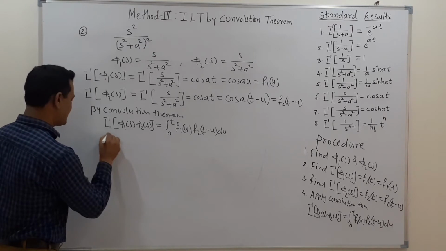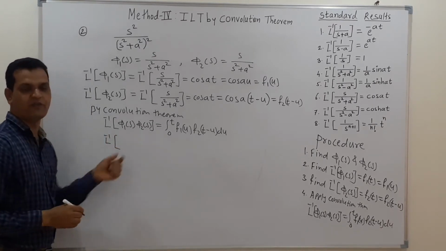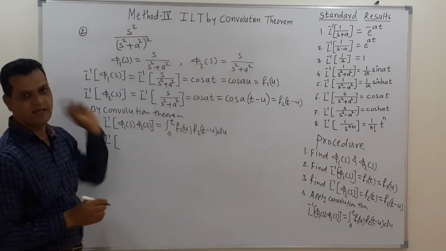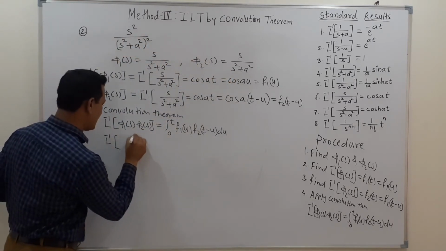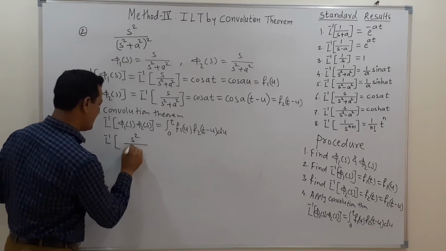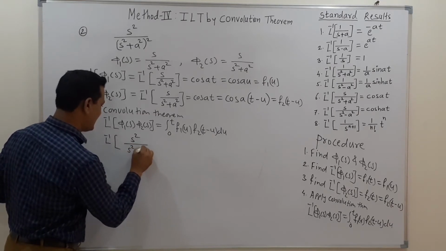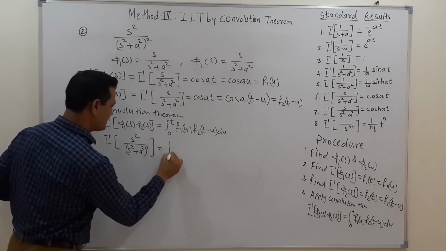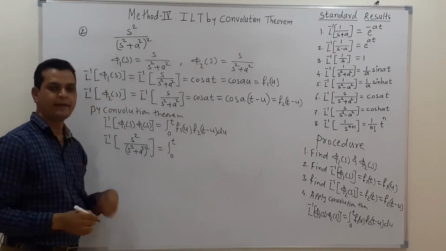This is the same as the inverse Laplace transformation of the product phi 1 phi 2. The product of this term and this term is the given example. So we can write this as s square upon (s square plus a square) whole square equal to the integration from 0 to t.